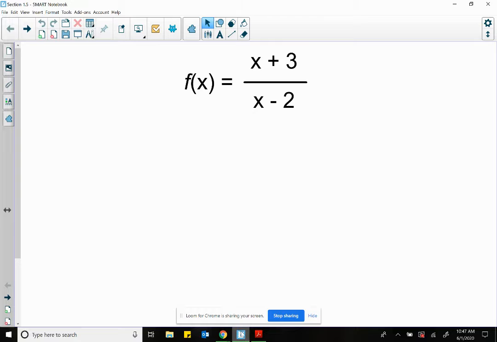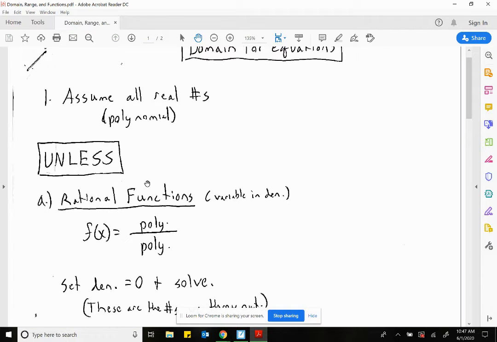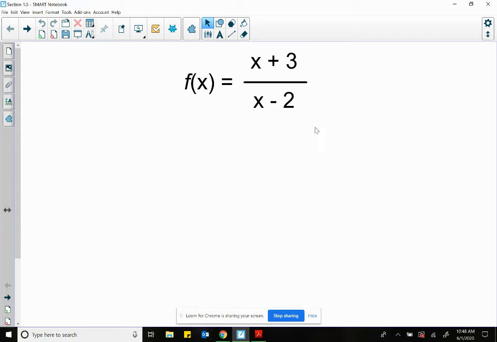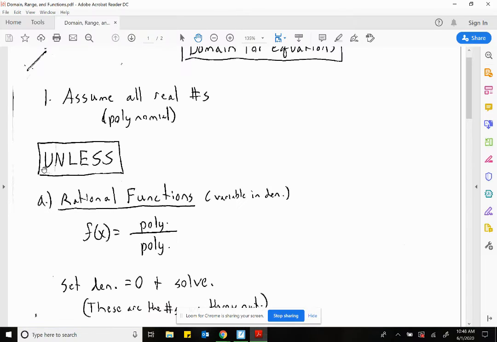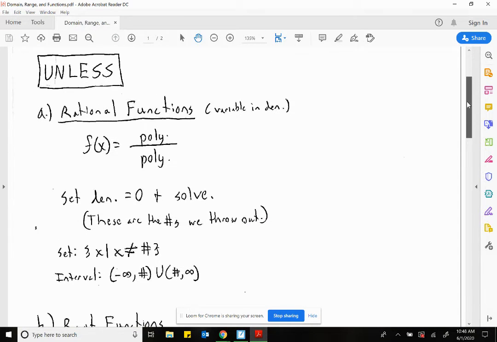In order to find the domain of this, I have steps here for you to follow, or technically 2 steps. For that equation, we're going to assume that the domain is all reals to begin with. So right now, this domain is all reals, unless we have one of these 2 situations.